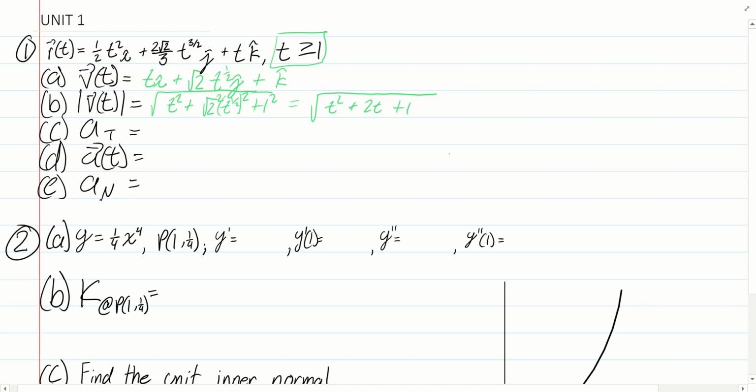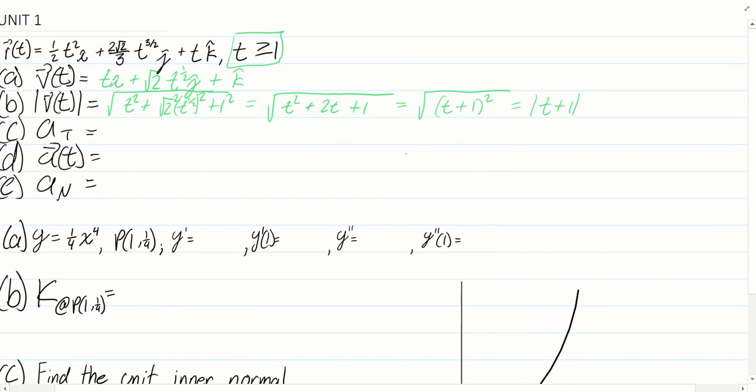And if you notice, we can factor this, so then it becomes t plus 1 squared, which equals the absolute value of t plus 1. Now, since t is greater than or equal to 1, we know that we can make this equal to t plus 1.